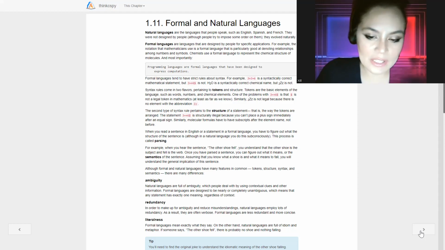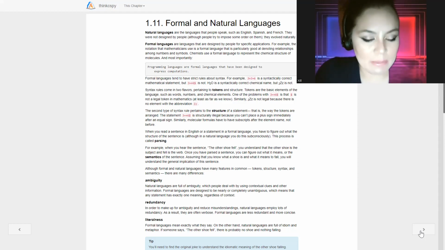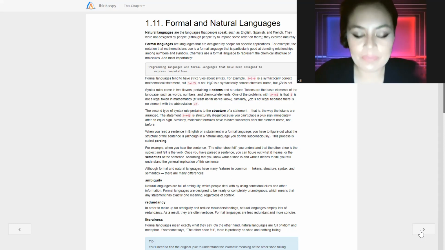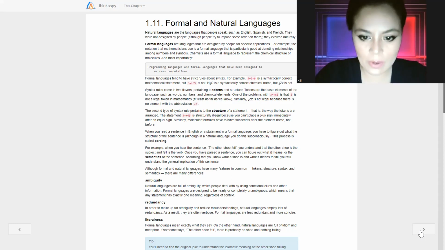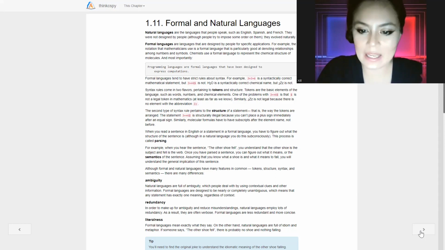Once you have parsed the sentence, you can figure out what it means, or the semantics of the sentence. Assuming that you know what a shoe is and what it means to fall, you will understand the general implication of the sentence.